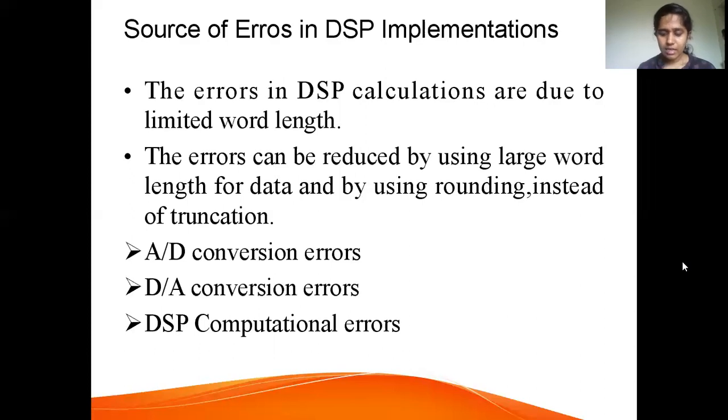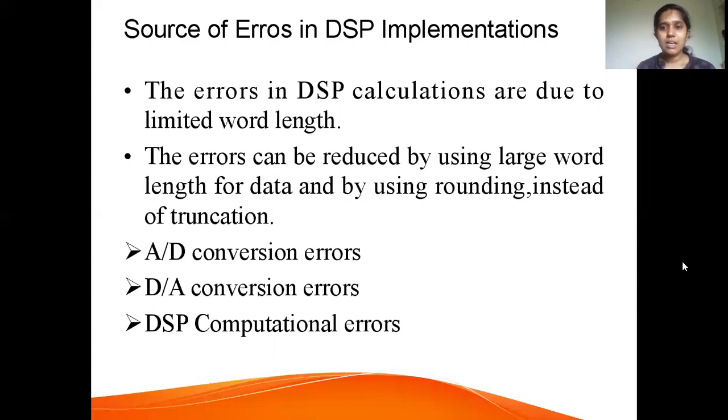In DSP computational errors, you will discuss the signal to noise ratio. That SNR will be very high when the number of bits is more, which is nothing but the word length. If we increase the word length, SNR increases, and some of the errors may be reduced.